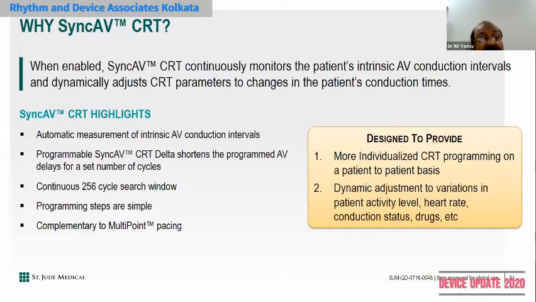Then after 3 beats, say 180 milliseconds, minus delta is say 50 milliseconds, so 180 minus 50, so 130 milliseconds will be the paced interval, and it will continue to pace with that interval for 250 cycles, and then again check.